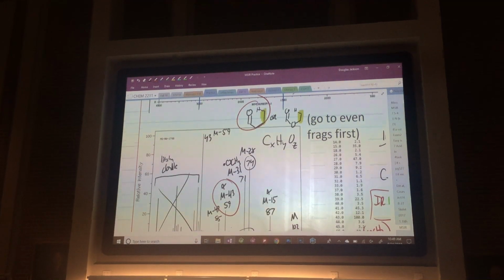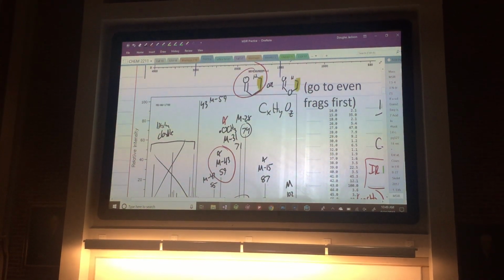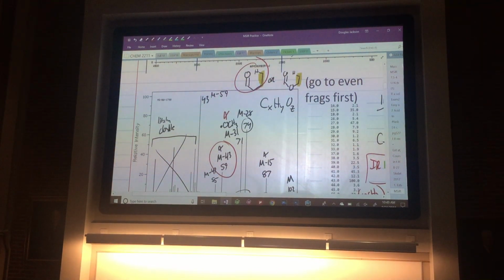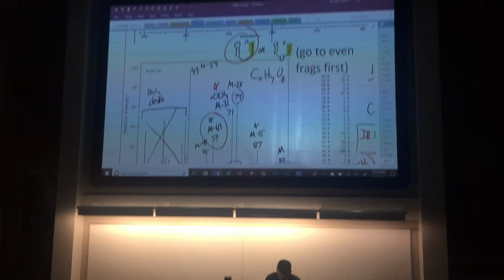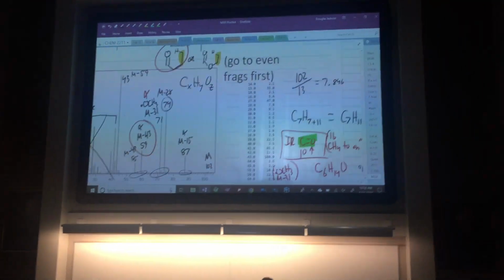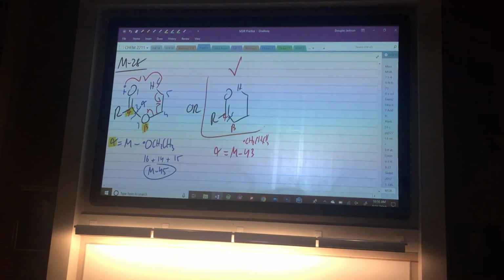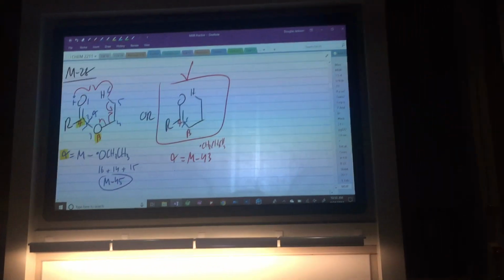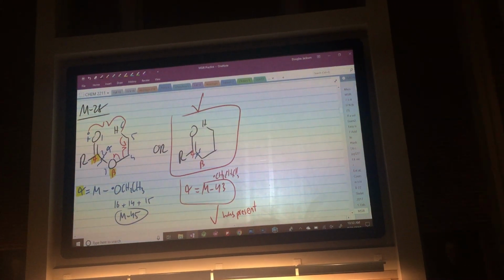Well, the other half would form from an alpha cleavage of M minus 31. Let's have a look and see if that works out for us. Okay, so we like this. We pick this one because M minus 43 is present in the spectrum.